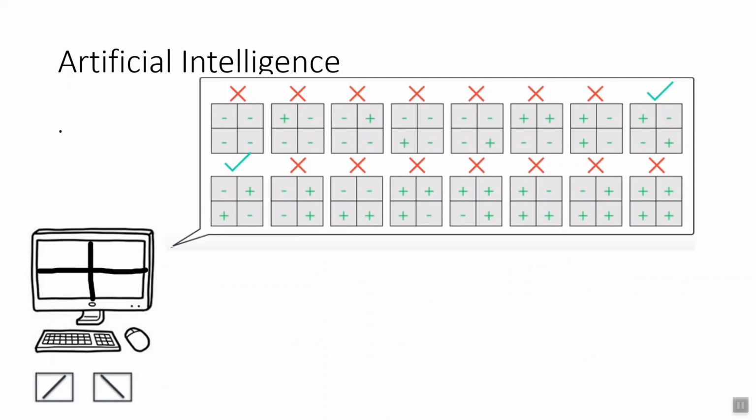We checked these 16 possibilities, or 16 choices, for the 2 by 2 pixels.